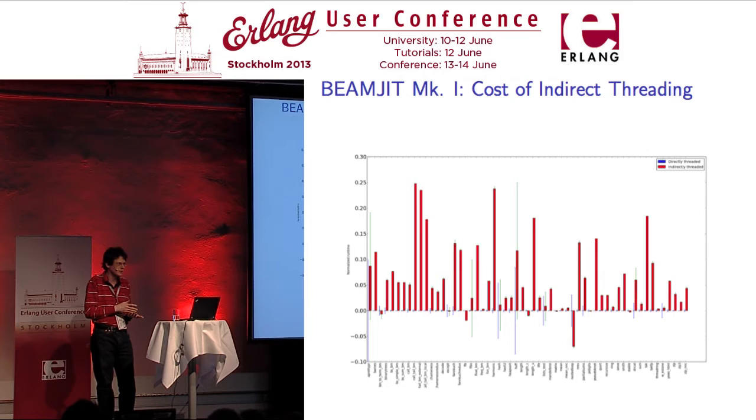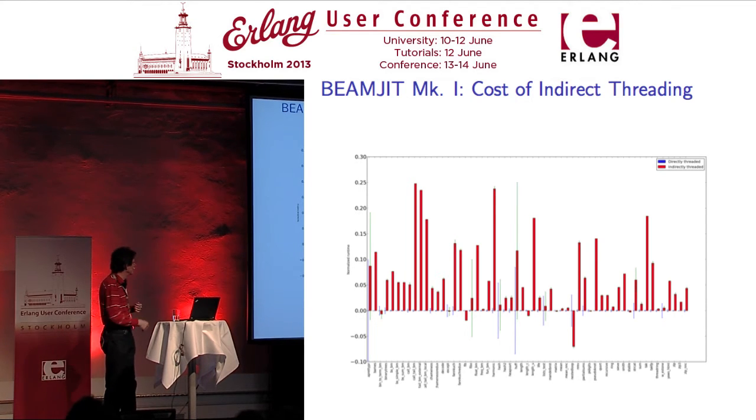It's done in such a way that if my modified system takes twice as long to run as the unmodified system, you get a runtime value of 1. If it takes the same time, you get a value of 0. If my modified system is twice as fast, it runs in half the time, then I get a benchmark value of minus 0.5. So positive is bad, negative is good.